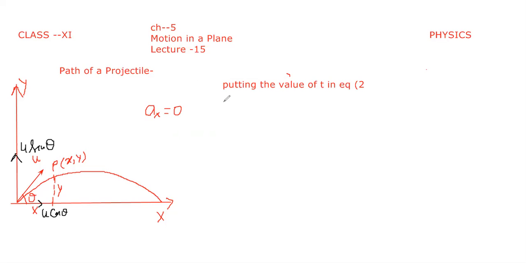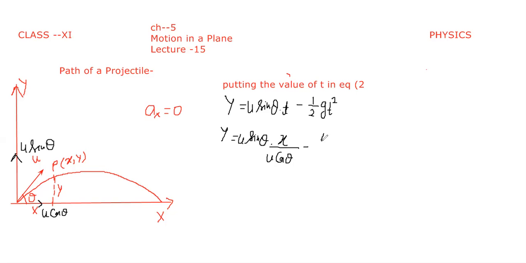Equation 2 is y equal to u sin theta into t minus half g t square. If we put the value of t, which is x upon u cos theta, we get y equal to u sin theta into x upon u cos theta minus half g into t square, where t square is x square upon u square cos square theta.